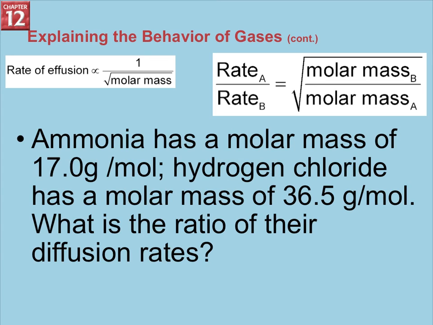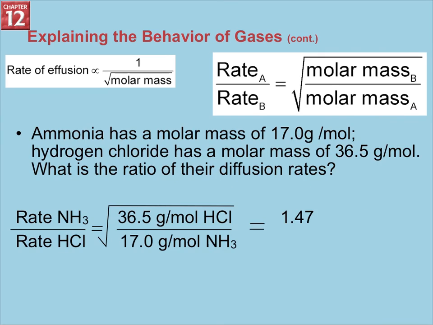Okay, so here's your problem. Ammonia has a molar mass of 17.0 grams per mole. Hydrogen chloride has a molar mass of 36.5 grams per mole. What is the ratio of their diffusion rates? So we start off with the rate of ammonia over the rate of hydrogen chloride.